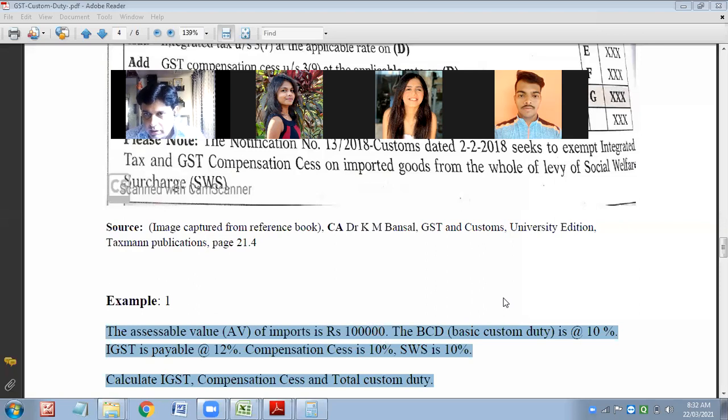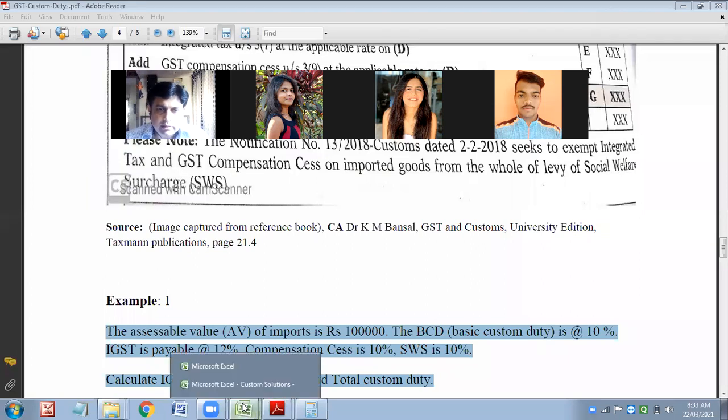Sunita has written IGST first. That will not work. See, assessable value is 1 lakh. 10% of that is 10,000. SWS is 10% on 10,000, that is 1,000. So 1 lakh 11,000. On that 12% and on that 10% will be your right answer.